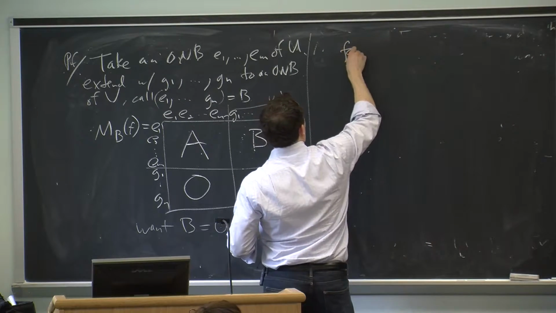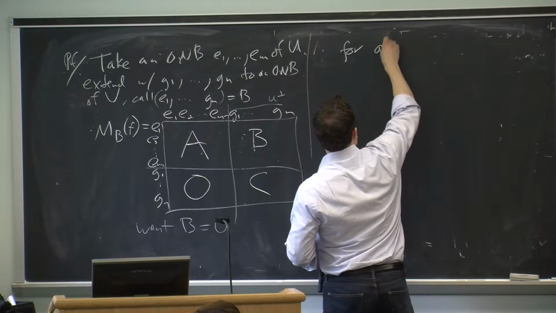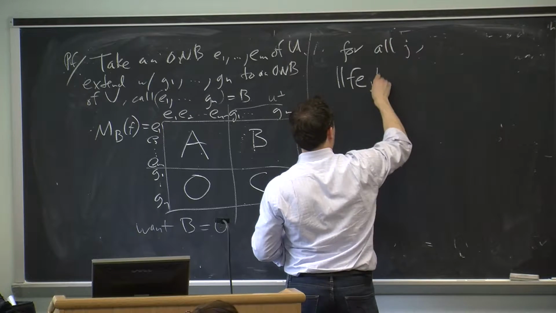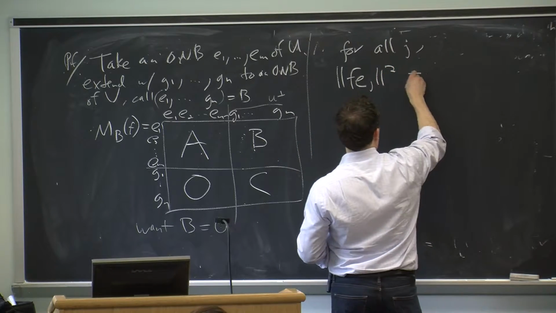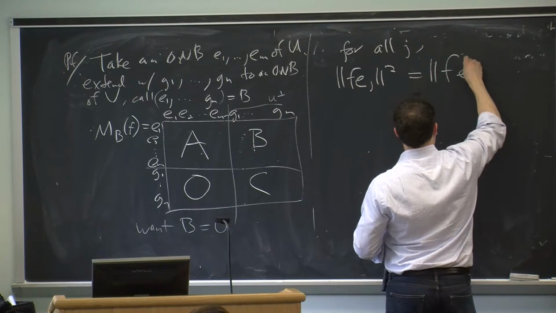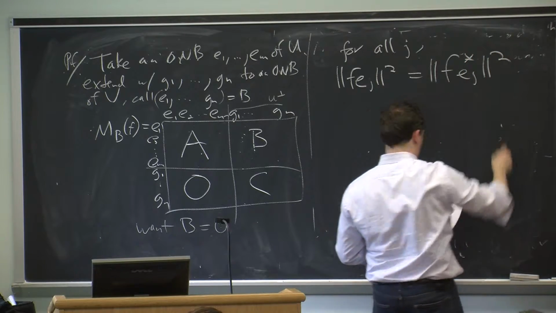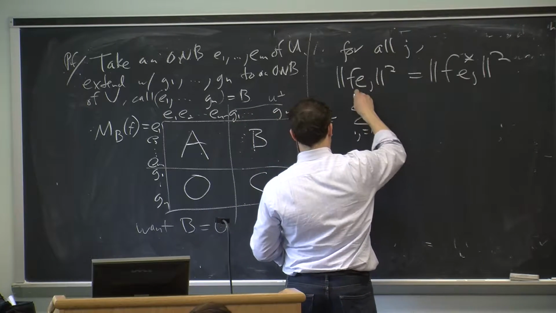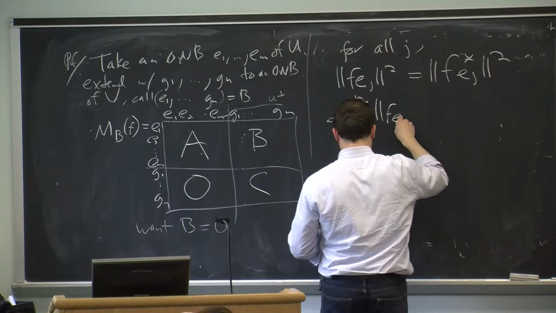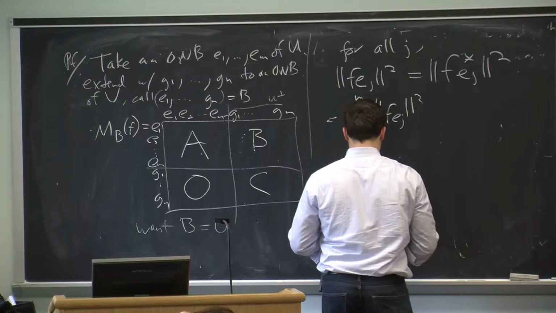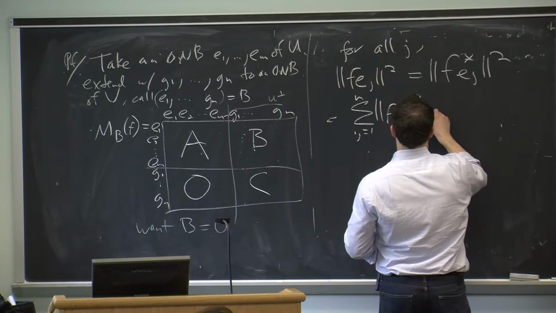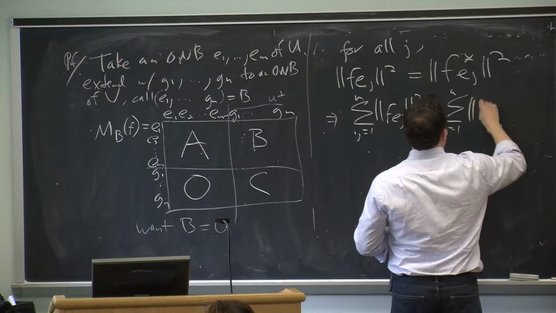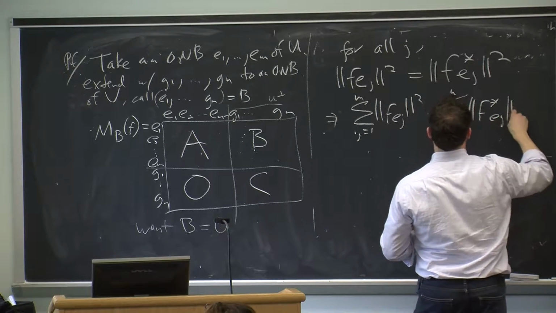So, an efficient way to say that is that for all j, the norm of F Ej squared is equal to the norm of F star Ej squared by normality, which is equal to the sum from j equals 1 up to m of the norm of F star Ej squared.